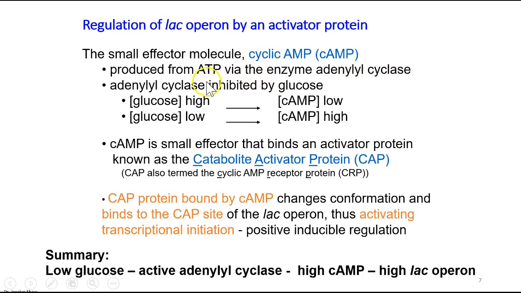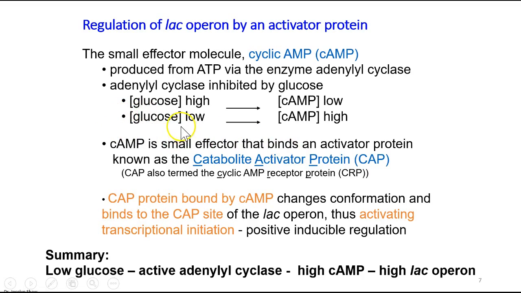Through positive regulation, the glucose concentration can further affect the CAP protein activation. When glucose level is high, the glucose is able to inhibit the function of adenylate cyclase, and in turn there would be a low concentration of cAMP, and the CAP protein is not activated.